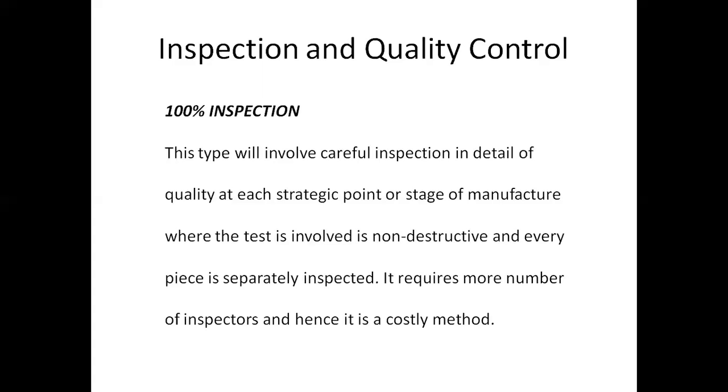Now, various stages of manufacture where the test is involved. The check should be non-destructive in nature. What do you mean by destructive and non-destructive? Some tests of certain products actually destroy the product itself after the test is done.